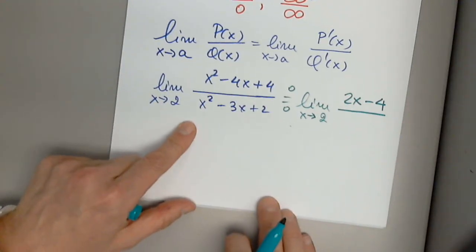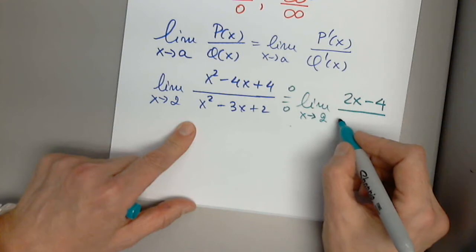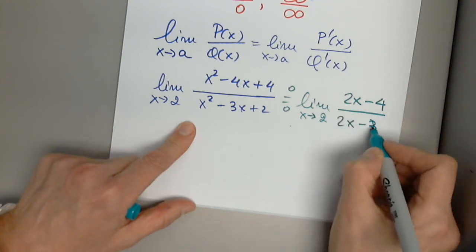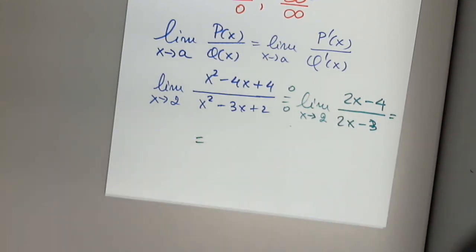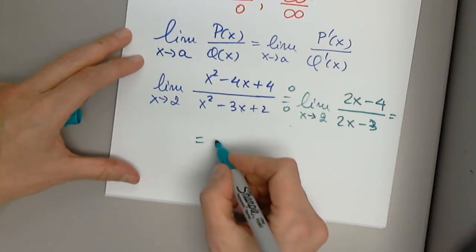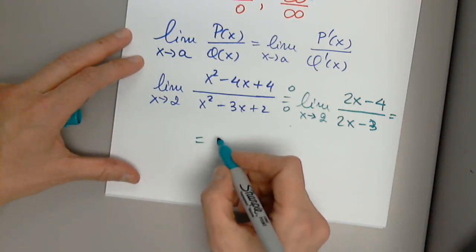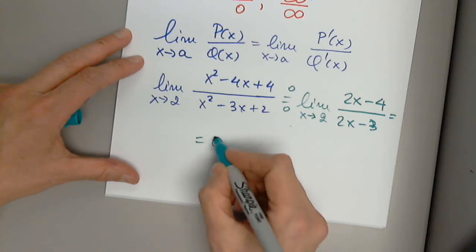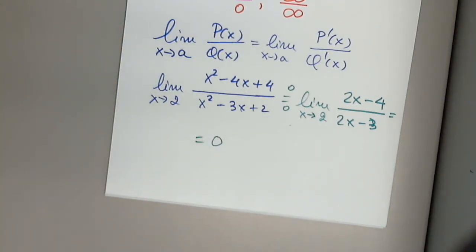Differentiate the denominator as if the numerator doesn't exist. Very good. And now let's try again. The top goes to, yes, and the bottom goes to. So the answer is, that's it, 0 over 1.